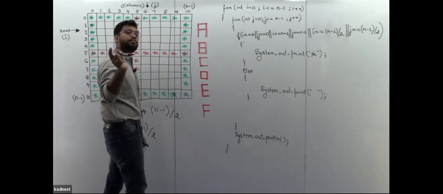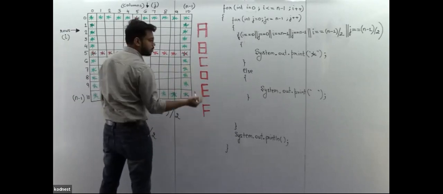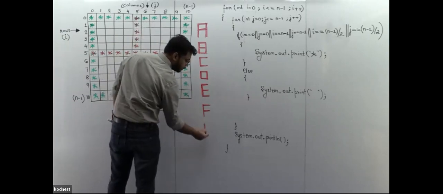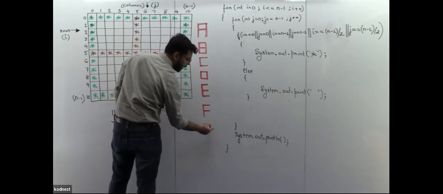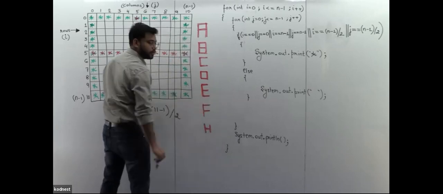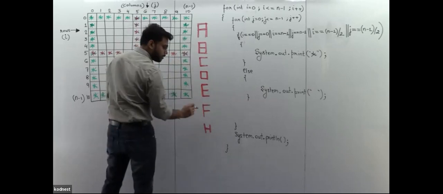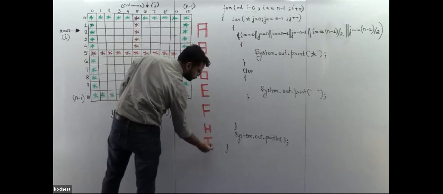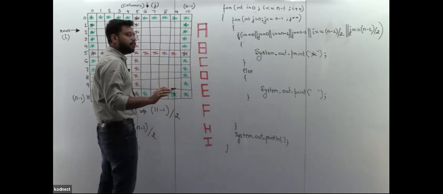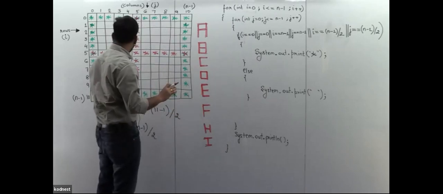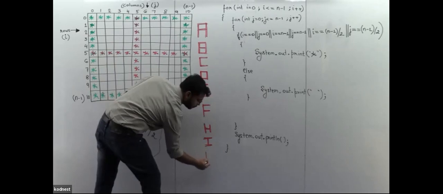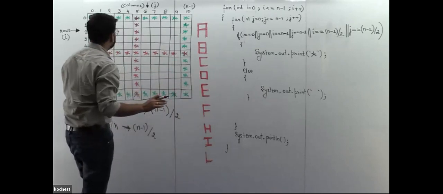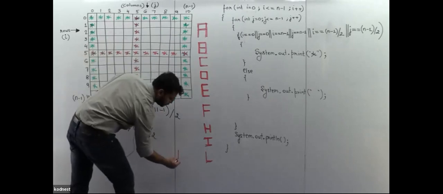If you want, you can print I also, because, okay, G, so G you leave. H also you can print: j is 0, i is n minus 1, j is n minus 1. This is your H. If you want, you can print I. J you leave, K you leave, L you can print. M you leave as of now, N also you leave, O you can print.